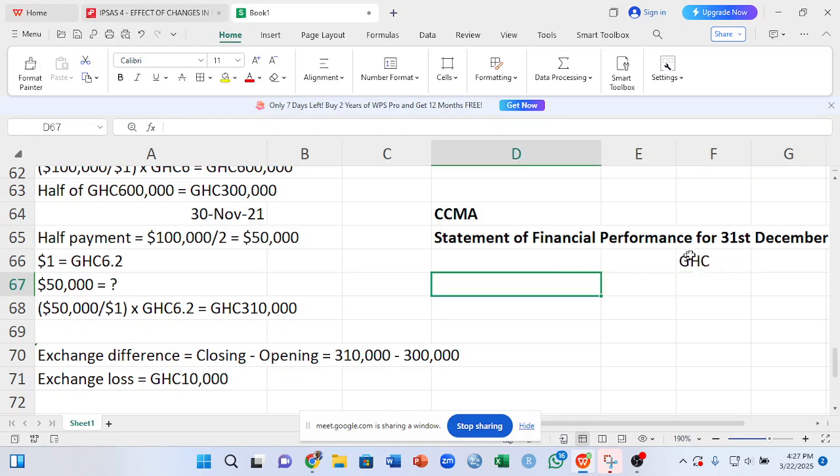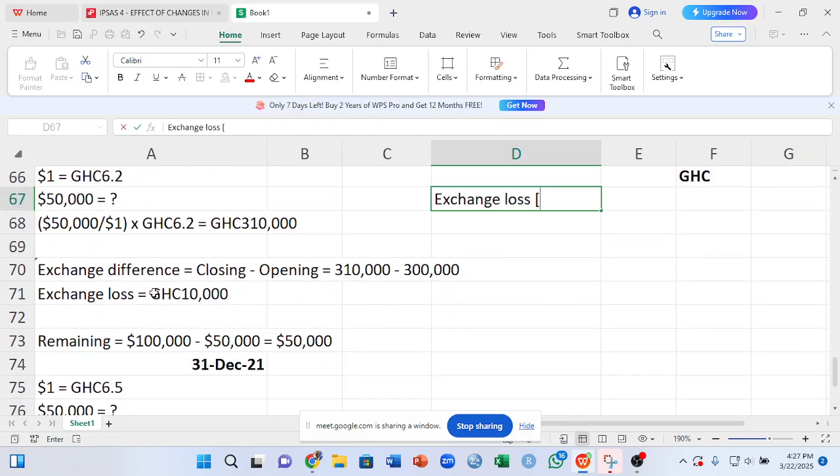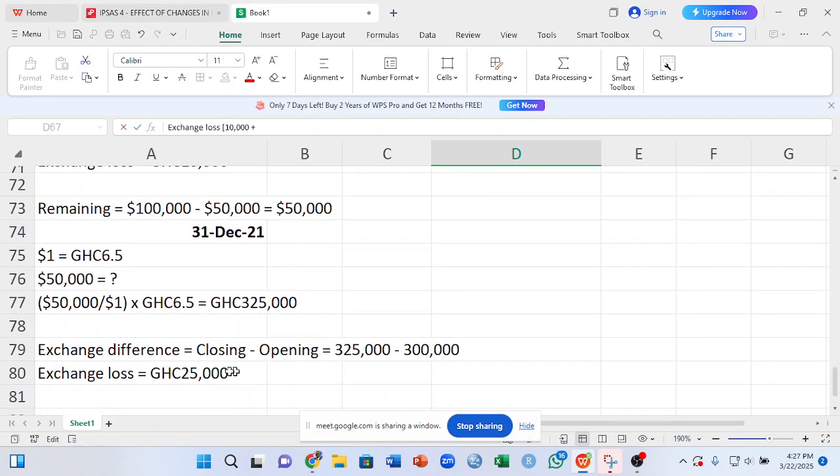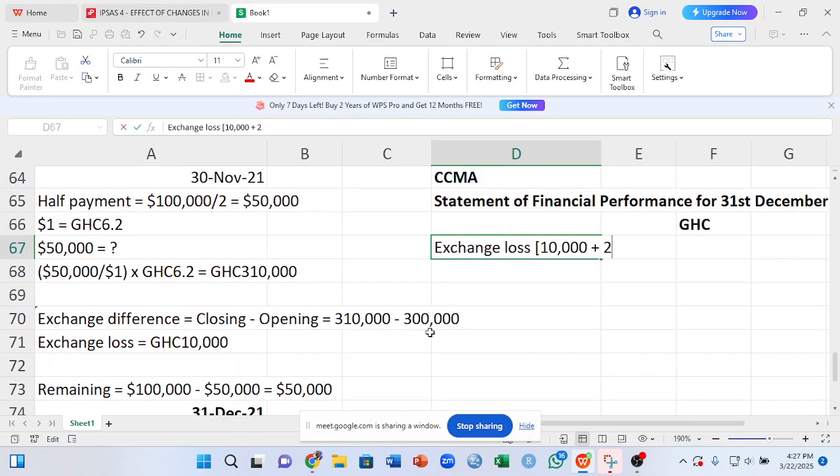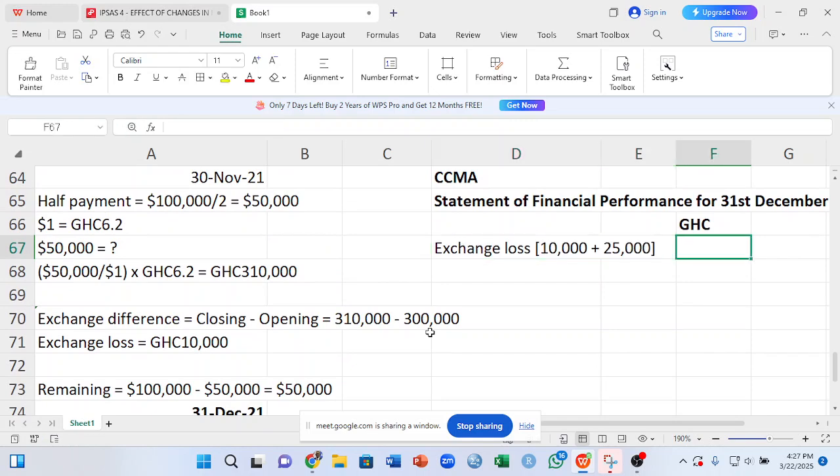And yeah, what are you presenting over here? What are you expected to show? You're supposed to show the exchange loss. Bear in mind here there were two. The first one was 10,000 over here. So we show that 10,000 plus the second one, which was the 25,000 we had here. Adding the two together will give us 35,000.